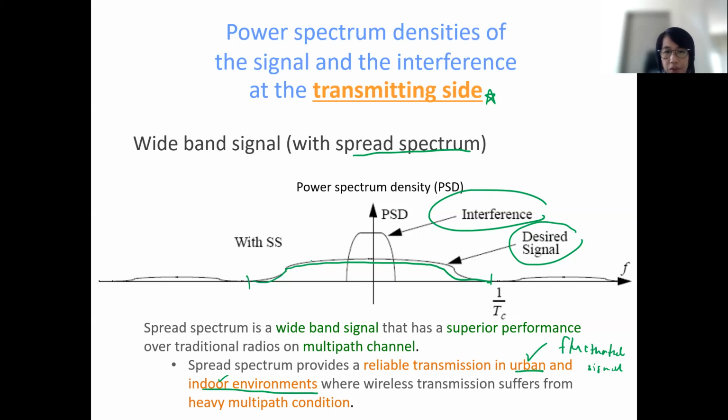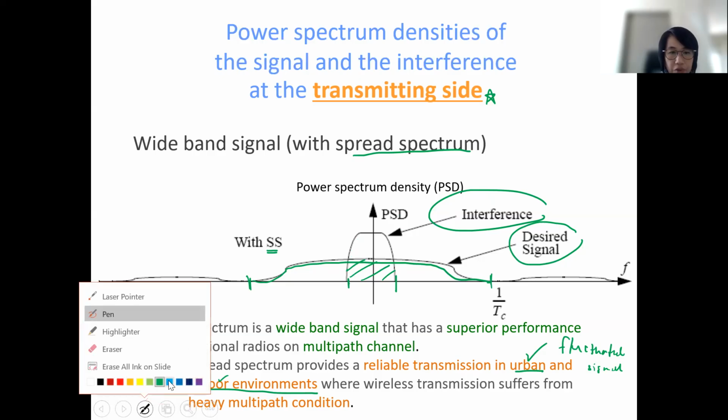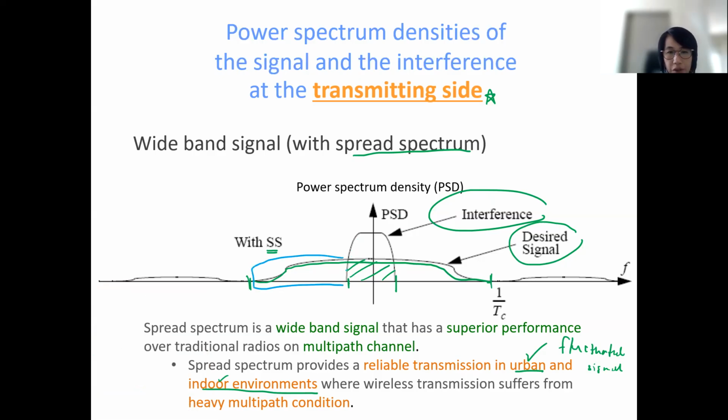So by using the spread spectrum, the power becomes lower, but the bandwidth becomes much bigger. Of course, it is still faced with interference around this frequency band. In this band it still overlaps with the interference, but you can observe that the remaining parts of this frequency and this frequency are still available for the receiver.